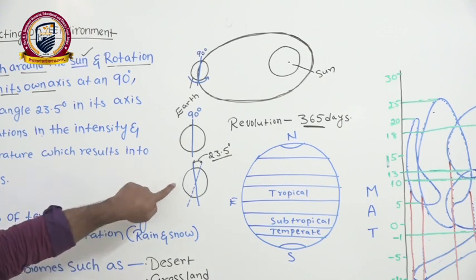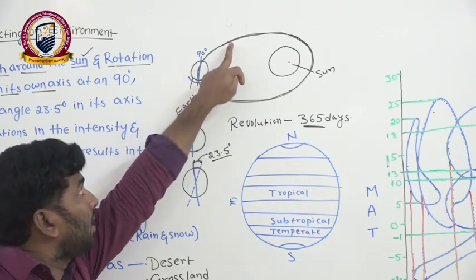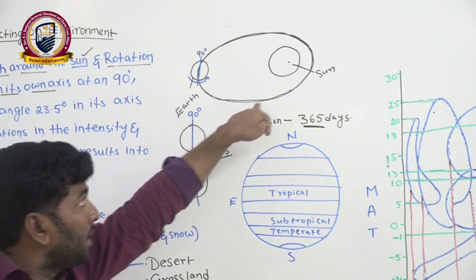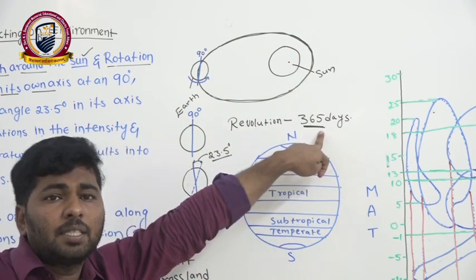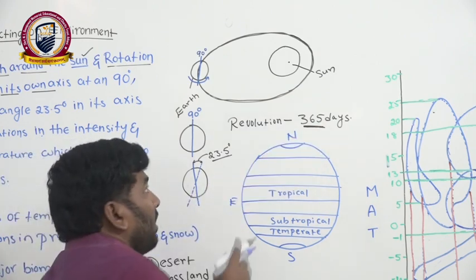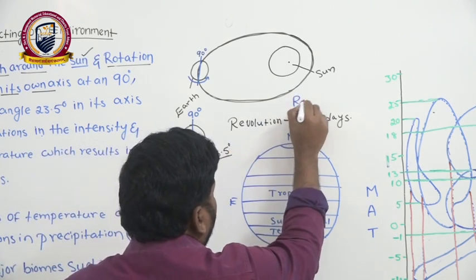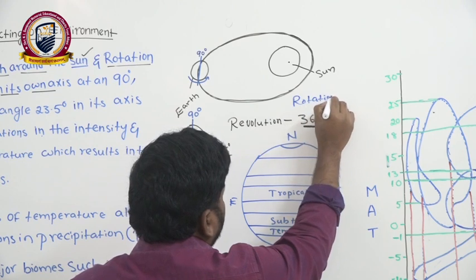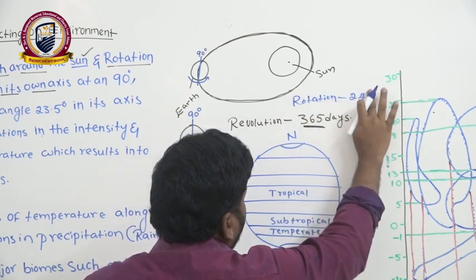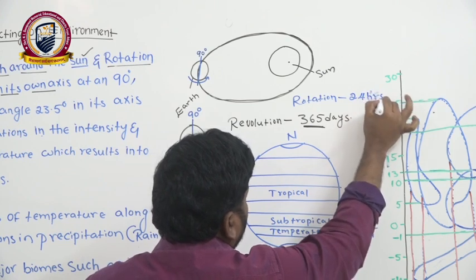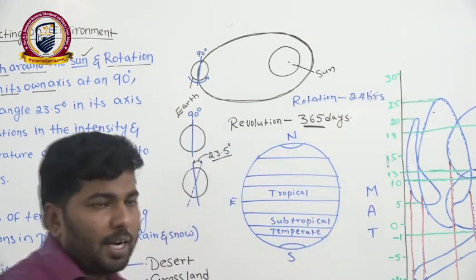Now we can see that one more time. I will tell you that the Earth is revolving around the Sun. It needs around 365 days, around 1 year. And for rotation of the Earth on its own axis, it takes 24 hours. 24 hours means one day.